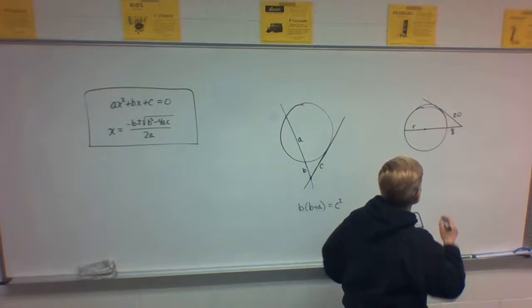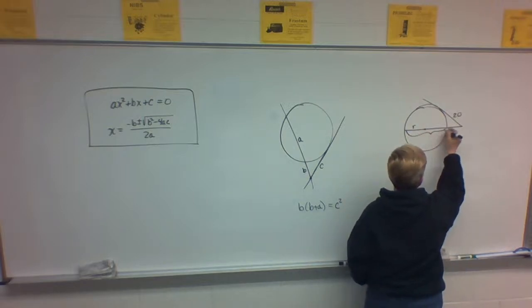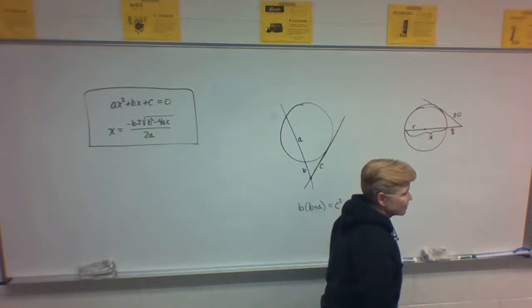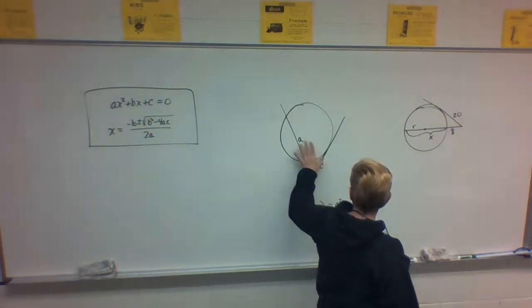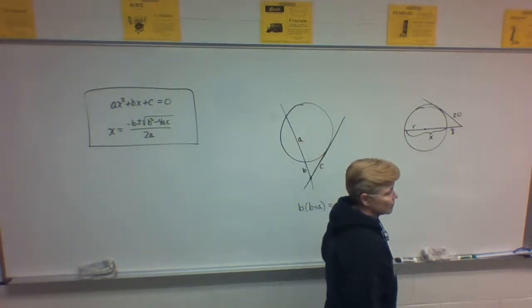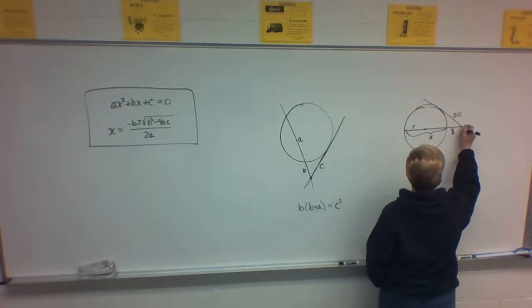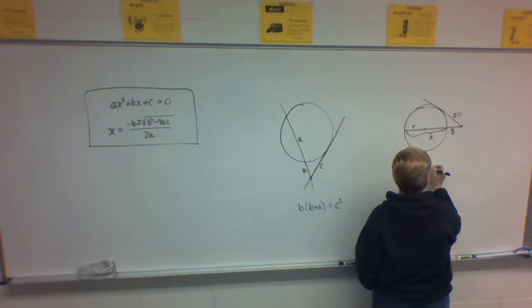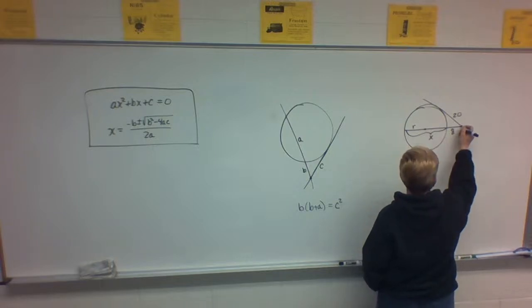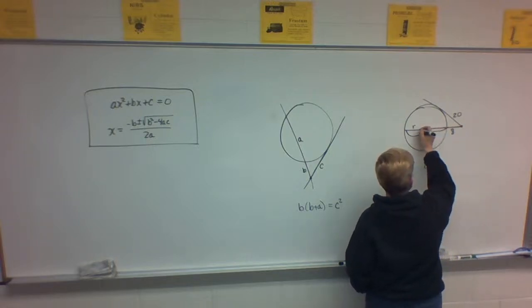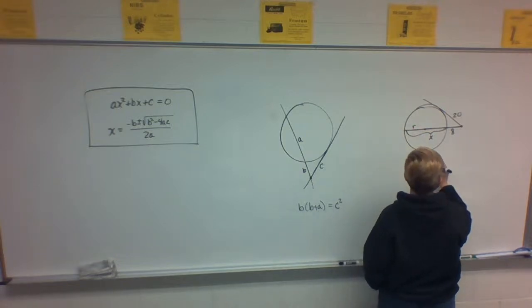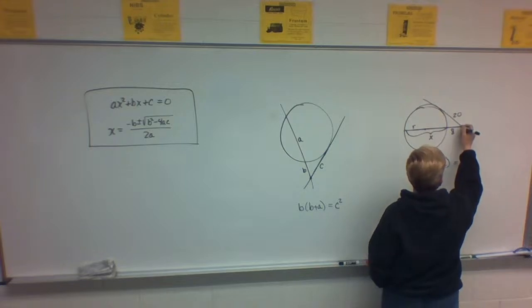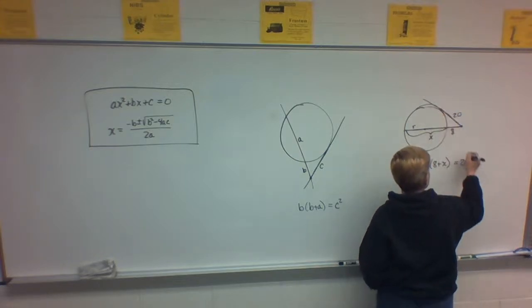So what I'm going to do is find this and cut it in half, because that's what applies to this situation right here. So I go from the cross point to the front edge of the circle, multiply times the cross point to the back edge, which I'm going to call 8 plus x, equals 20 times 20.